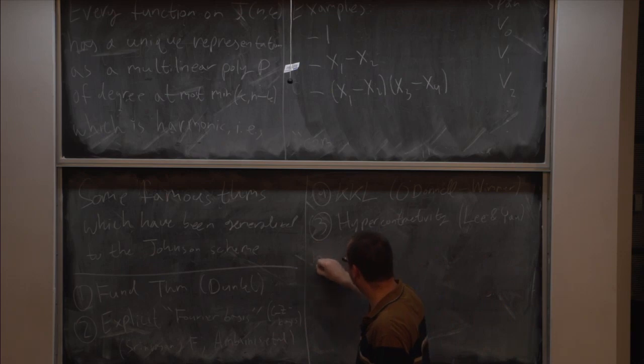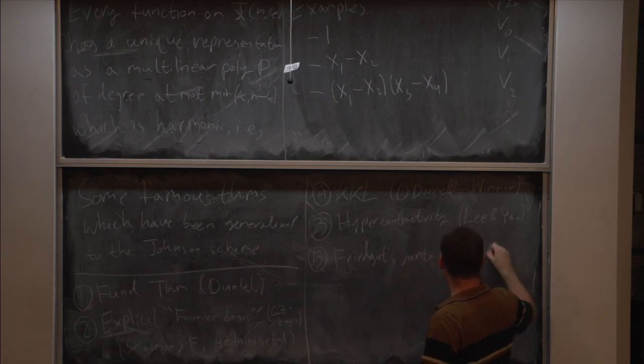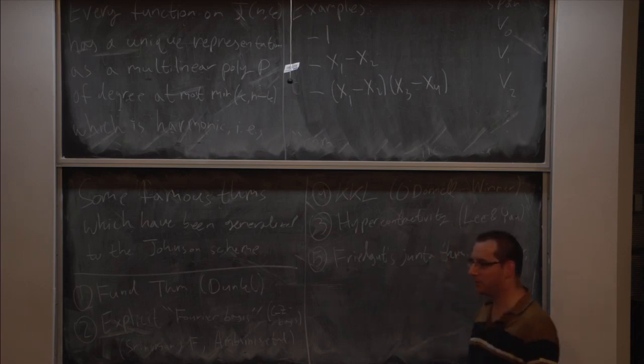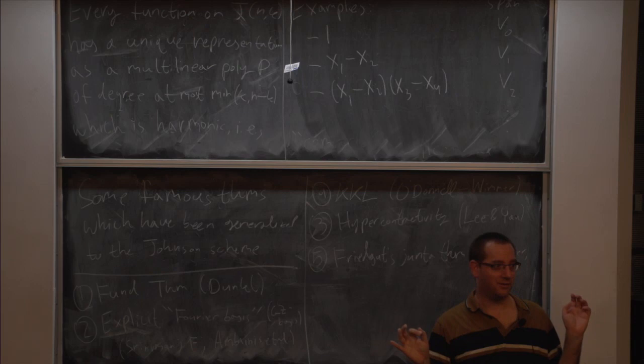Now you have the Friedgut–Kalai–Naor... the Friedgut junta theorem. This is due to Wimmer and simplified by myself. The Friedgut junta theorem states that if you have a function on the Boolean cube with small total influence, then you're close to a junta.